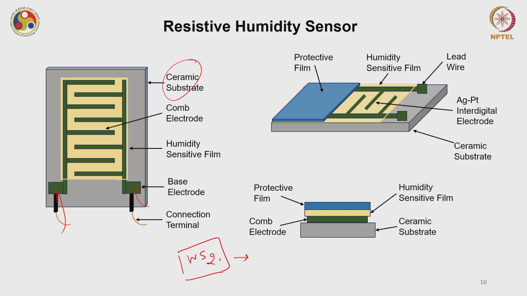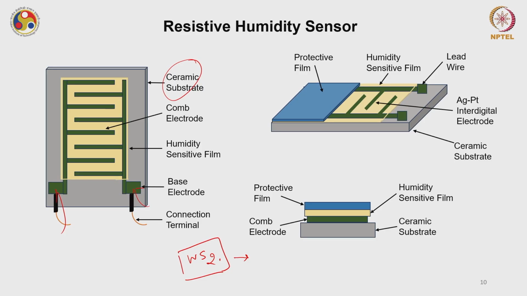I have mentioned that in the resistive humidity sensor you use a material which can change its conductance or resistance in presence of humidity, as compared to the capacitive humidity sensor, where the dielectric property of the sensing layer was changing. Such a material is tungsten sulfide. It changes its property when it comes in contact with humidity.